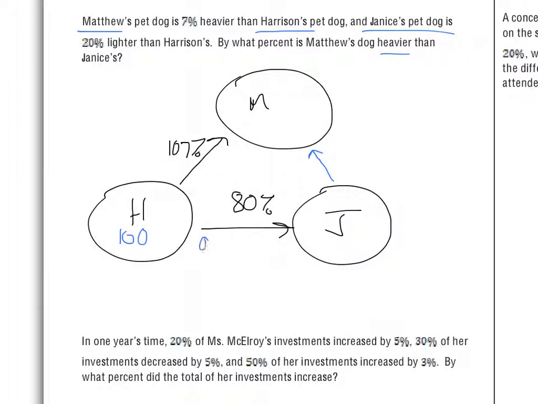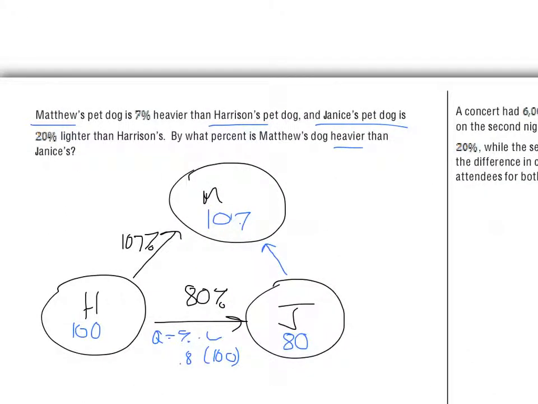So using Q is equal to percent times whole, again that's 0.8 times 100. This is going to give me 80. This is going to give me 107. Oops, 107. So now looking at this one, to figure out what this percentage is, Q is equal to percent times whole. We're going to go with our whole.